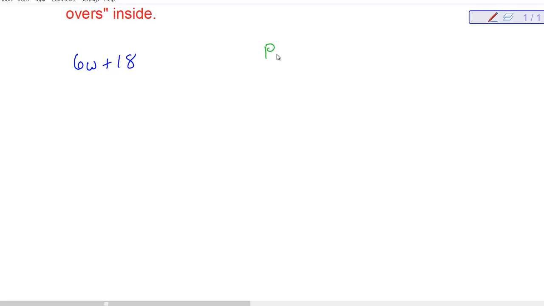Well, I have possible factors because 2 will go into each one of them, 3 goes into both of them, 4 doesn't, 5 doesn't, 6 goes into both of them. Can I go any higher than 6? No, because 6 is one of my numbers.